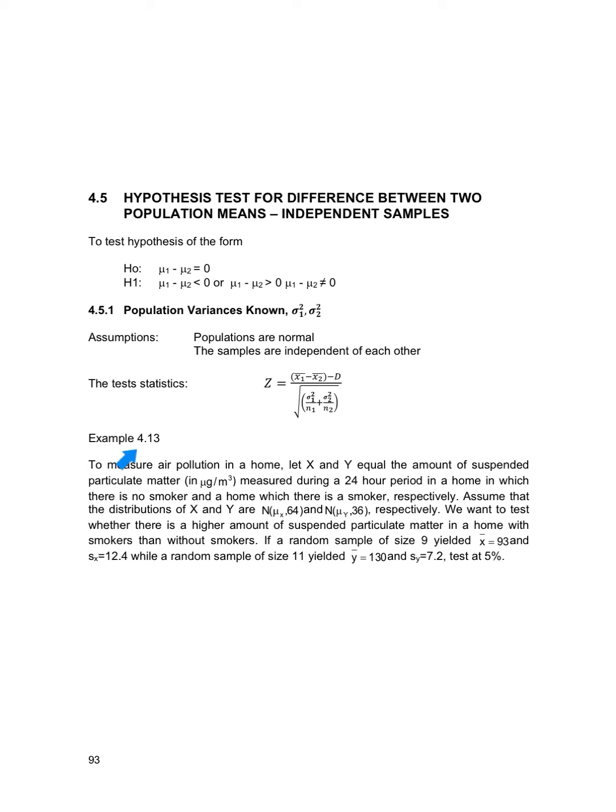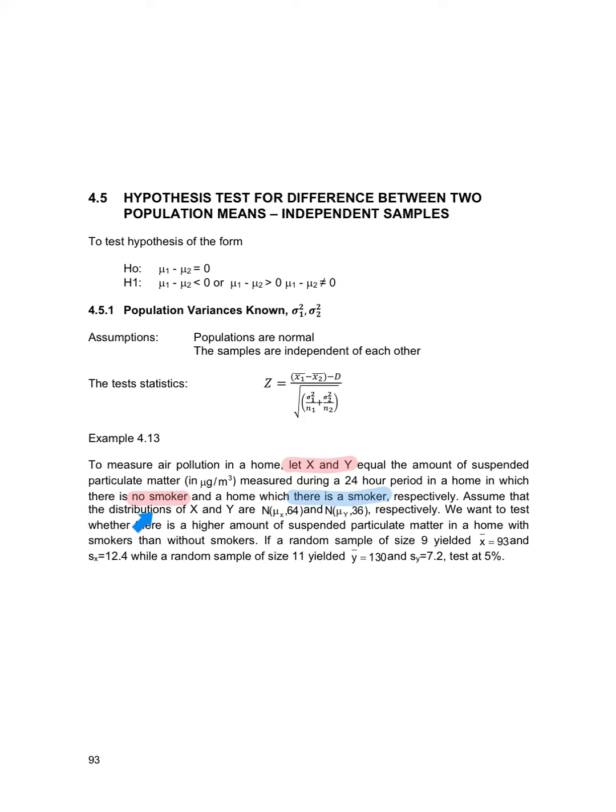Let's take a look at example 4.13. To measure a population in a home, let X and Y equal the amount of suspended particulate matter measured during a 24-hour period in a home in which there is no smoker and a home in which there is a smoker. So we have population X and population Y. Population X refers to the home with no smoker, and population Y refers to the home with a smoker.